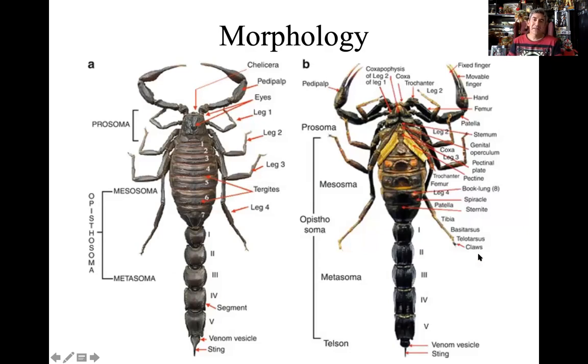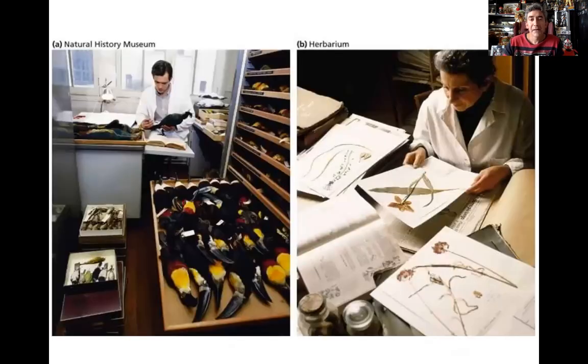People that specialize in scorpions have their own vocabulary. People that work with insects have their own vocabulary. People that work with jellyfish have their own morphological vocabulary, all of the body parts. Yeah. So this was, again, historically how taxonomy was conducted.